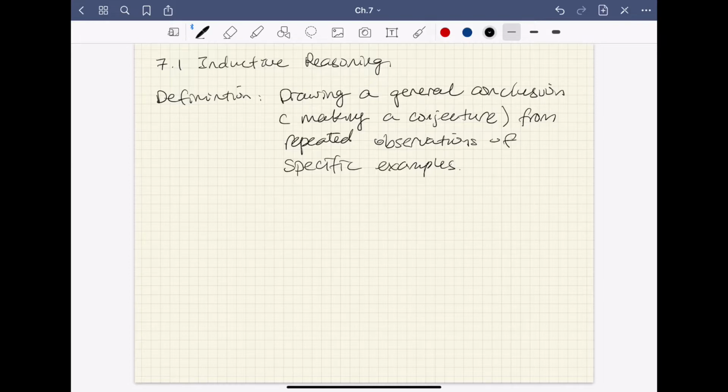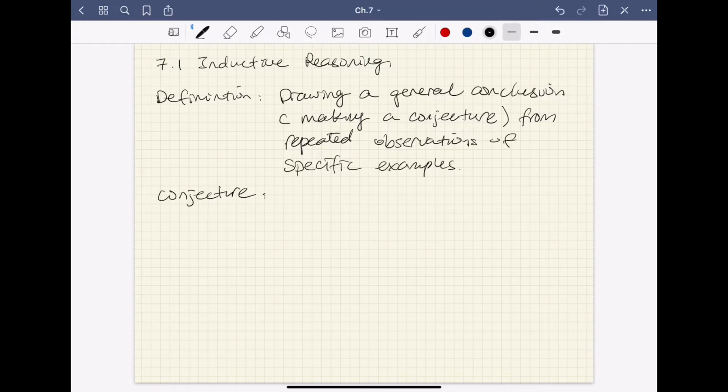So we talked about making a conjecture. What is a conjecture? In math, a conjecture is a testable hypothesis based on the available evidence, which is not yet proven. And a conjecture may or may not be true.